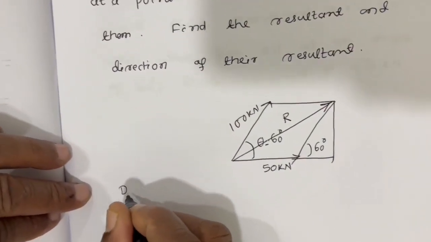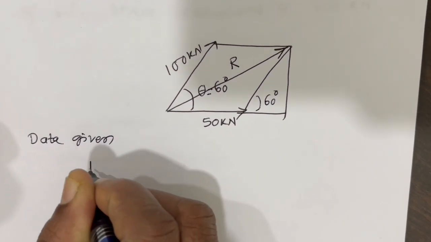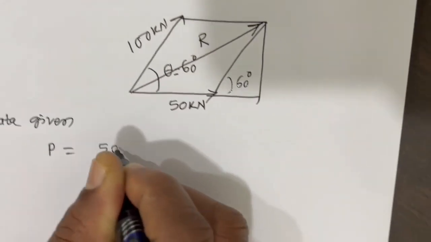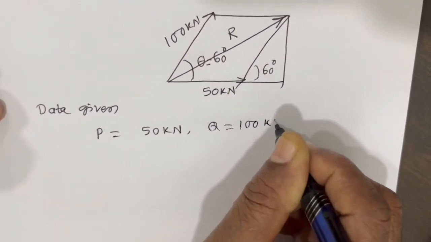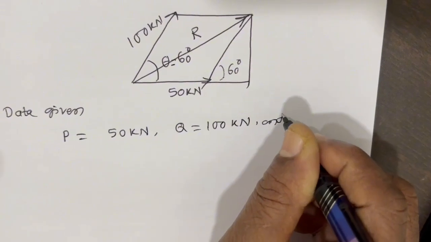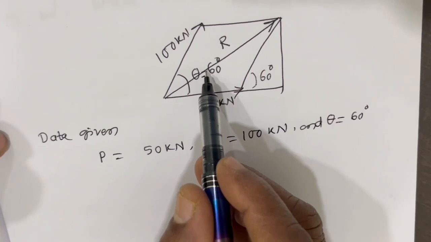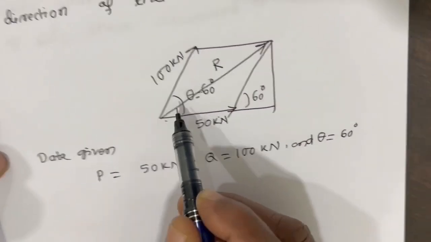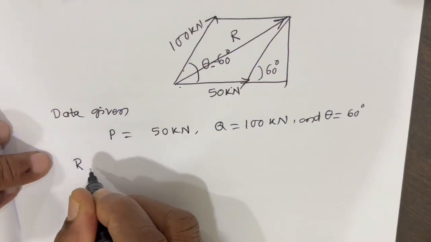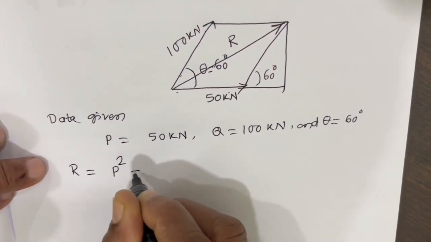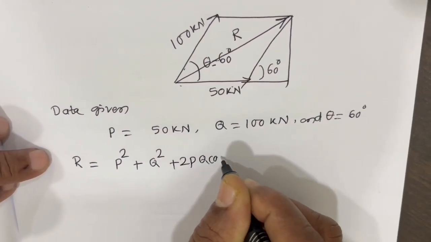Now data given. Here P is equal to 50 kN, Q is equal to 100 kN, and theta is equal to 60 degree, because this angle is between 50 and 100 kN. We know that the resultant force R is equal to root over P square plus Q square plus 2PQ cos theta.